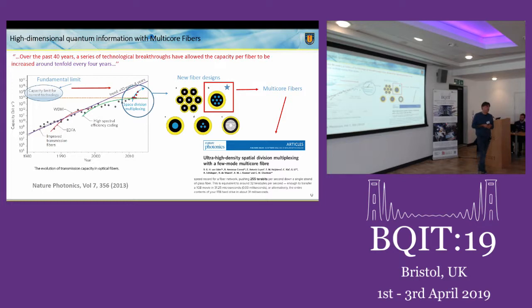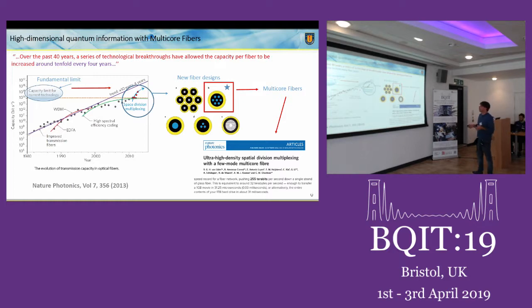Okay, so in classical telecommunication, you have this multiplexing, which is a technique where you want to increase the amount of information you transmit over the fiber, and to do this, you use different physical properties of the light, like polarization and frequency, for instance.